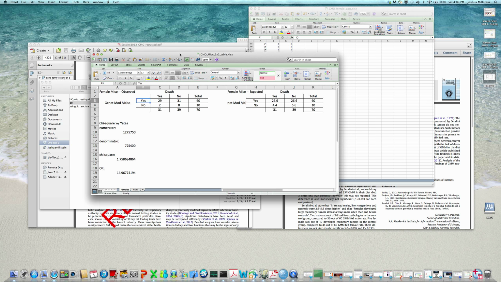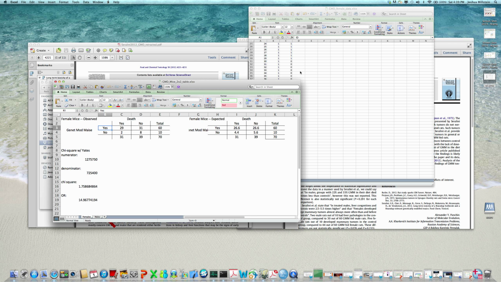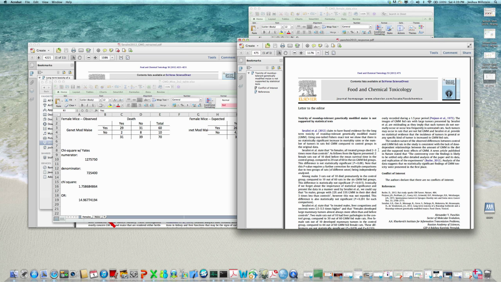So those are males, females. If we look at the letter to the editor, 2 female rats out of 10 died. So here are the 10 in the total column. 2 died. Death, 2. That means 8 didn't die. 29 out of 60 of the GMM fed group died. 29 out of total 60 of the GMM genetically modified maize group died.